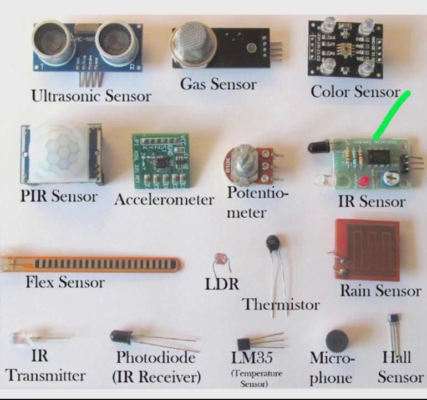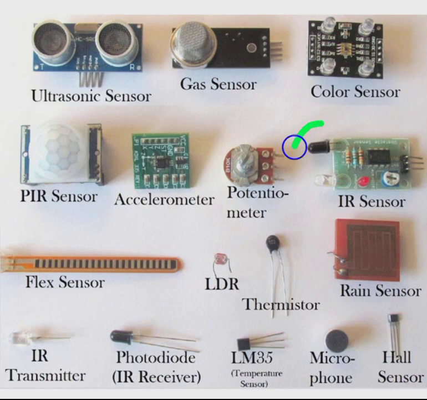Then you have this infrared sensor. A very common example is our TV remote control. You basically switch on your TV and operate your TV, you can switch off your TV. So you send an infrared pulse to your TV, and you can control it.